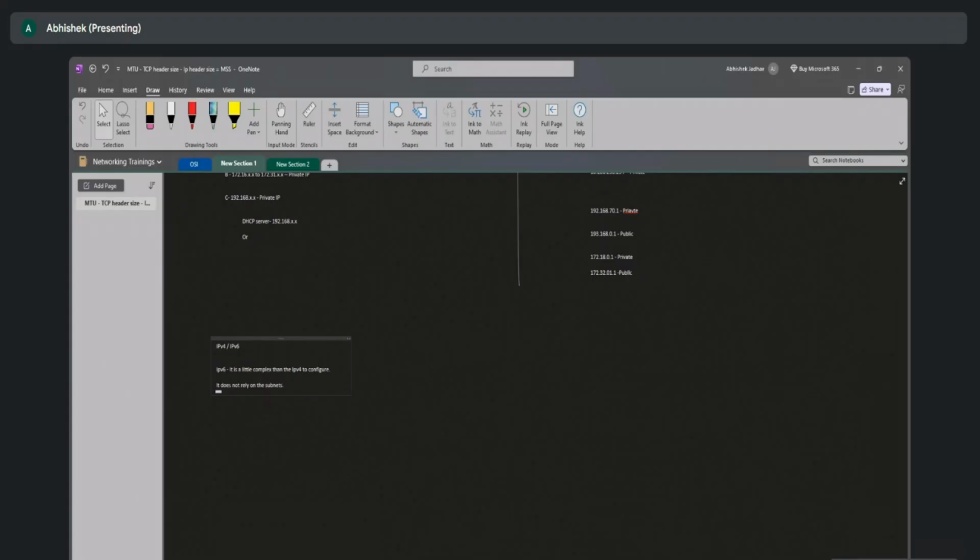Since we are talking about subnets, let me introduce you to what subnetting is. A network within a network is subnetting. Simple.